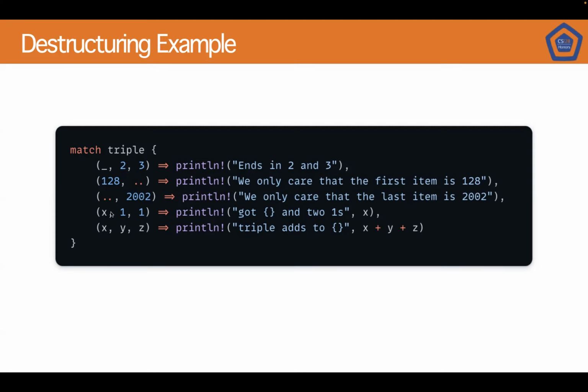However, unlike just using an underscore for the wildcard, we're using the variable x so we can keep track of what's in the first value of this tuple, so we can print it in the expression of this arm. And finally, this last arm acts as our catch-all. It will match any tuple since the variables in this pattern act as wildcards.